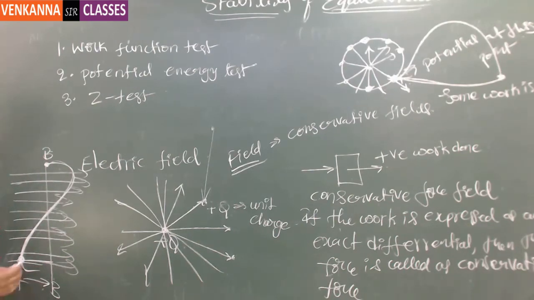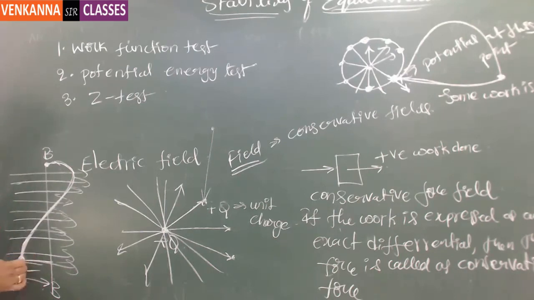Now what happens is, when I am moving in this direction, it will try to push the charged particle, or it will aid my force, right? When I am trying to move in this direction, this force also will try to move in the same direction. But when I come back here, if I am trying to move in this direction, it will try to push away, right?